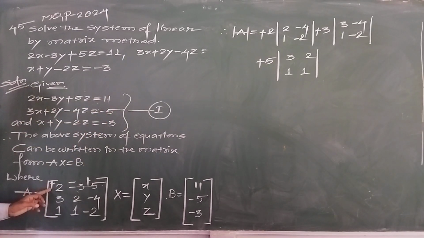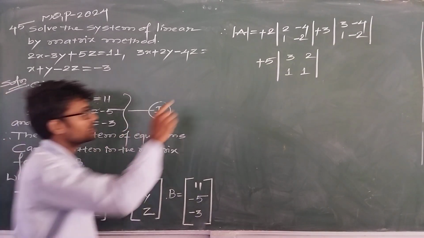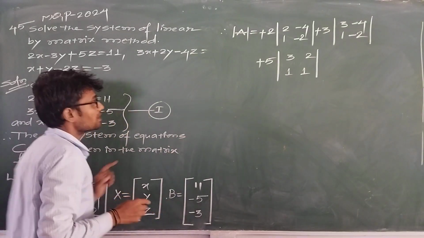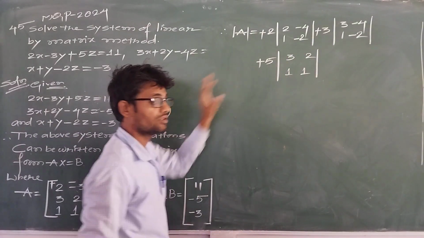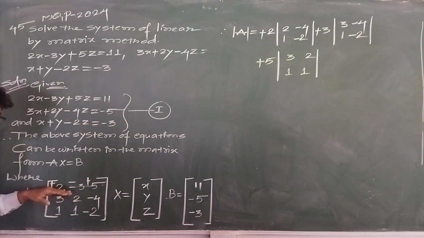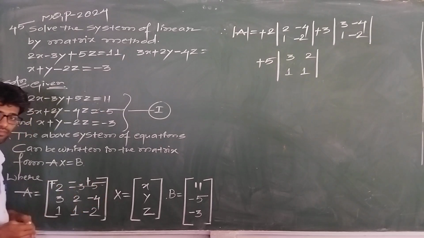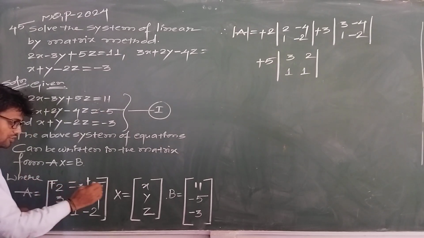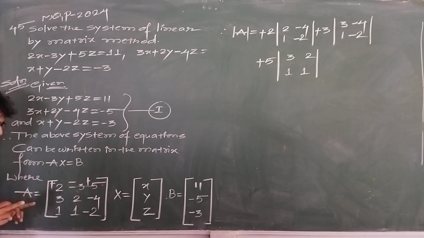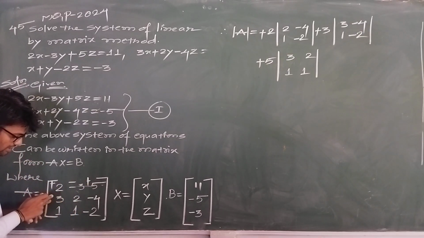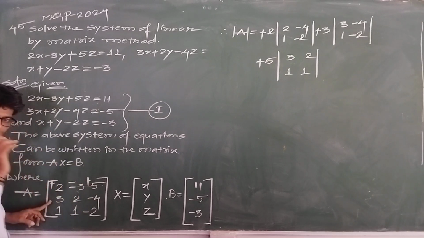So we already have the plus, minus, plus symbols. These symbols are used when expanding the matrix along the first row. When finding the determinant of A along the first row, you write plus, minus, plus. When expanding the determinant along the second row, you write minus, plus, minus. This is very important. Once again I will repeat.